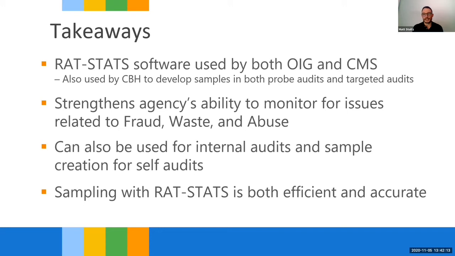Again, I don't claim to be a statistician, but OIG had third-party contractors as well review the process and the algorithms to make sure that the information being provided is accurate. And it's efficient. In a few short minutes, we were able to identify what the sample size should be and randomly pull the sample from a population.